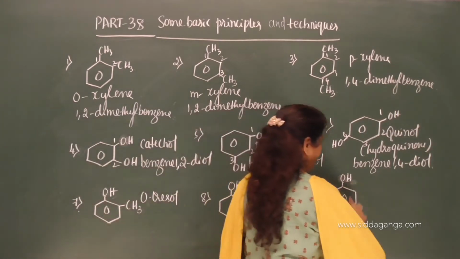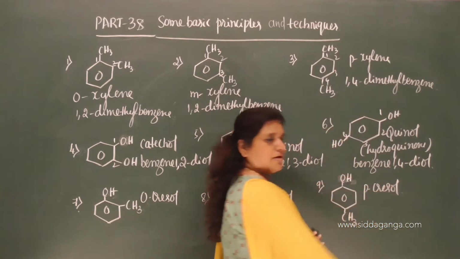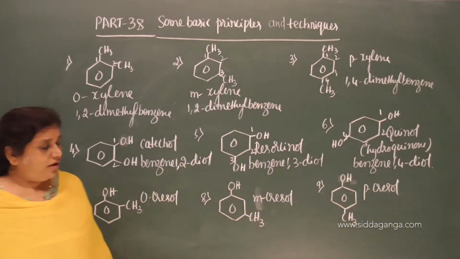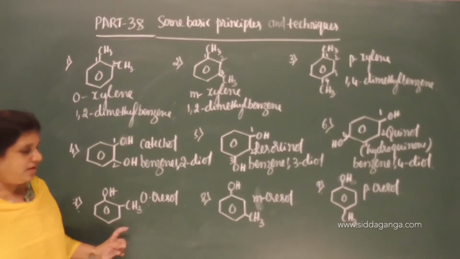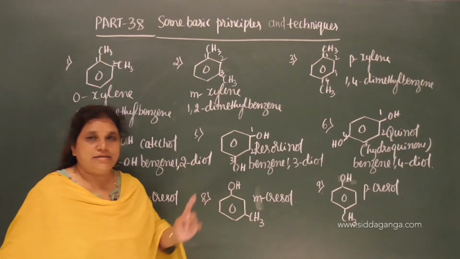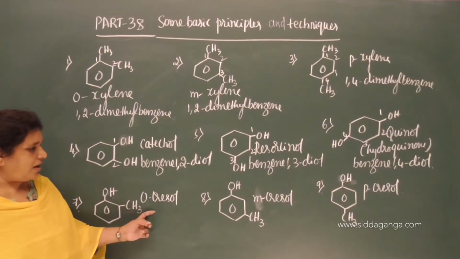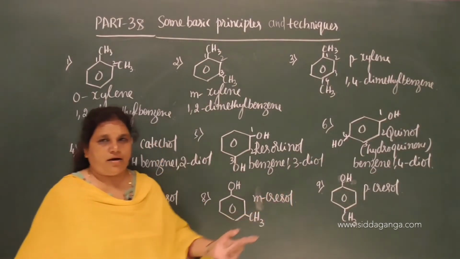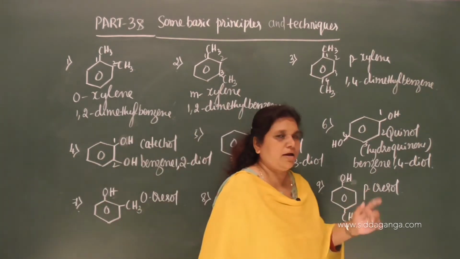Since it is on the opposite carbon atom, this is p-cresol, para-cresol. So OH and CH3 group on the benzene ring are generally called cresols. Depending on the position, you can classify it as ortho, meta, para. So o-cresol, m-cresol and p-cresol.